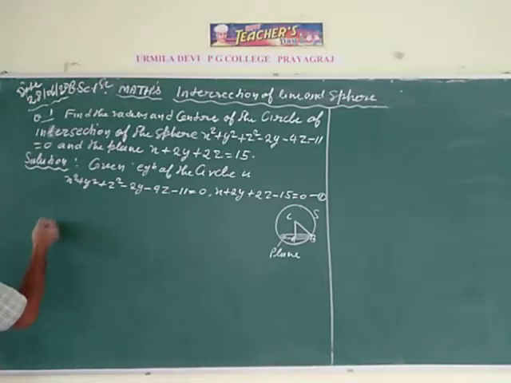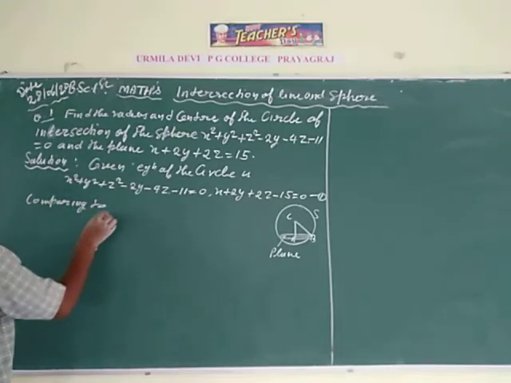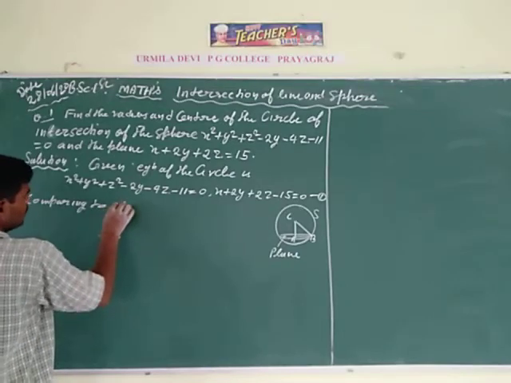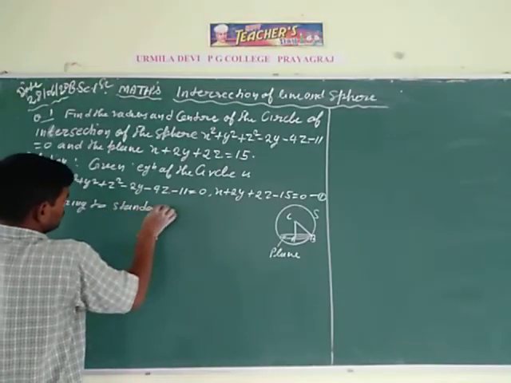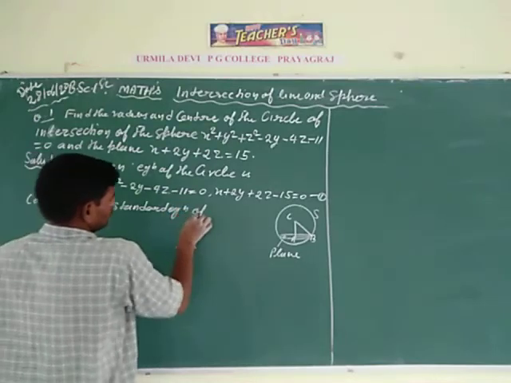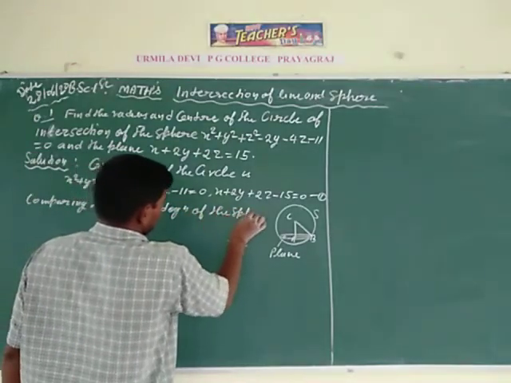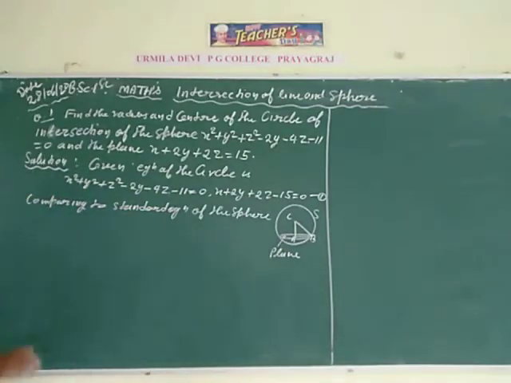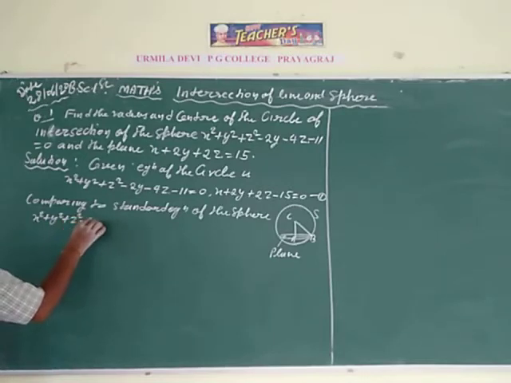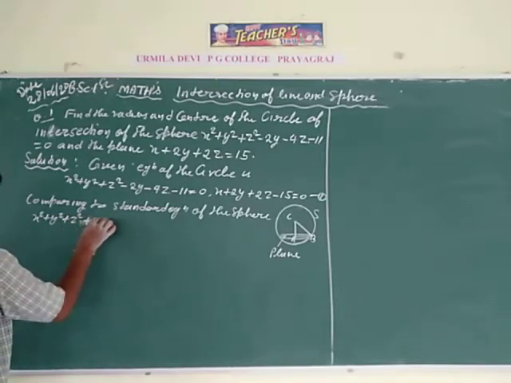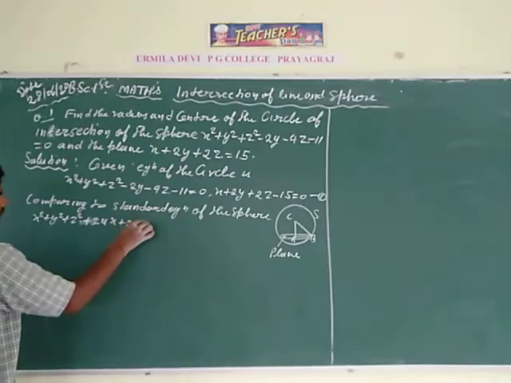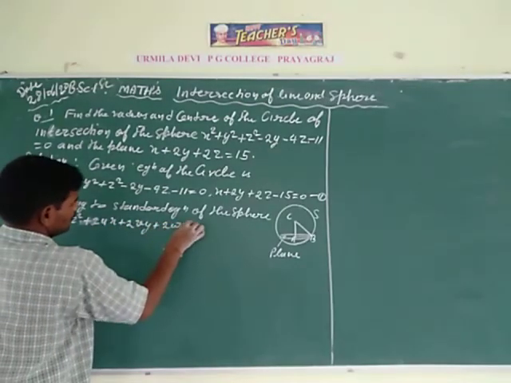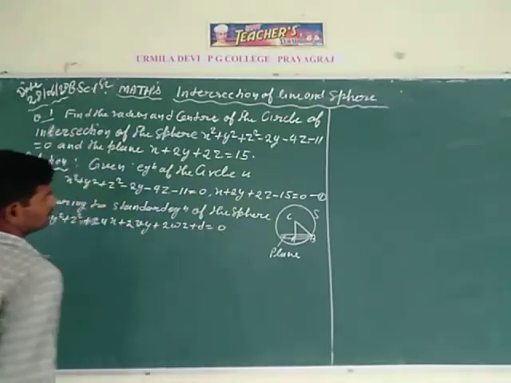For this, compare it to the standard equation of the sphere, which is x square plus y square plus z square plus 2ux plus 2vy plus 2wz plus d equal to 0.